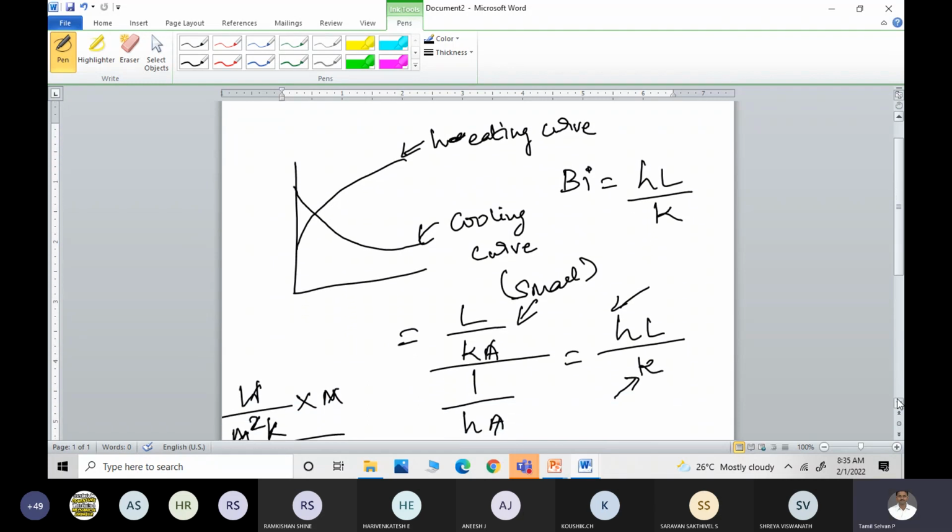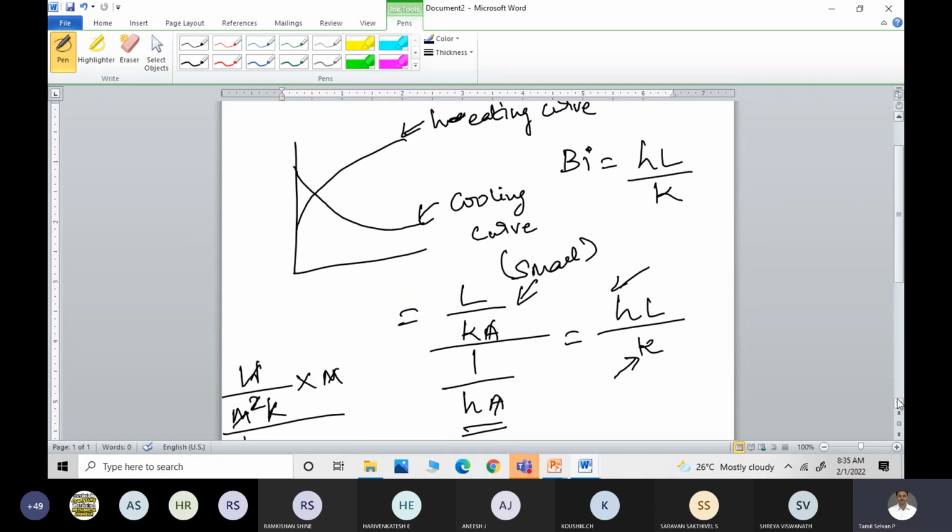Yes, sir. A very practical example is the temperature sensor which we use in our heat transfer lab, the thermocouples. When the sensors are brought into a high temperature zone, immediately the temperature changes. Am I correct? Yes, sir. So the thermal conductive resistance is very small compared to the convective resistance.